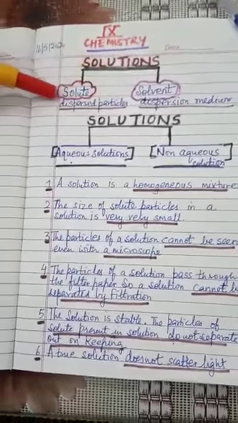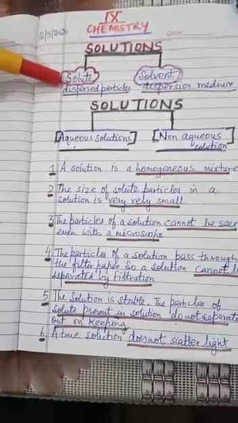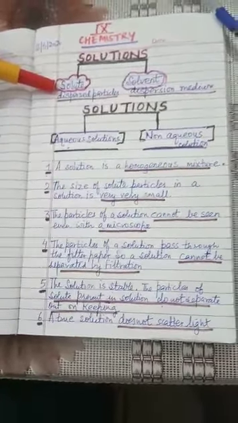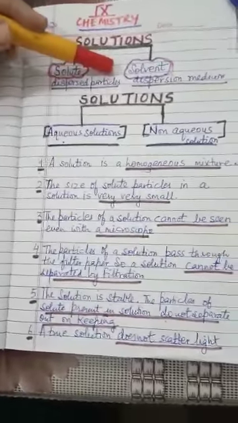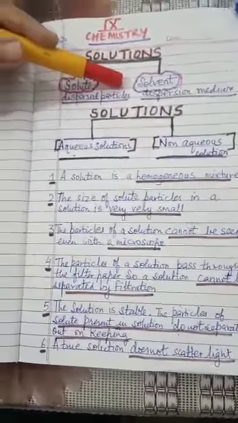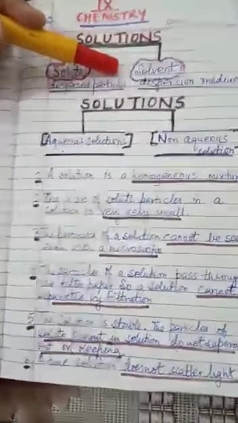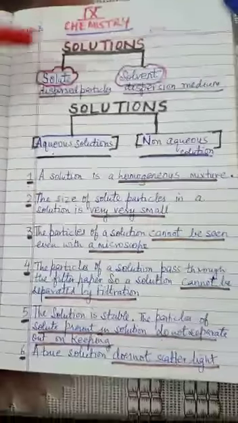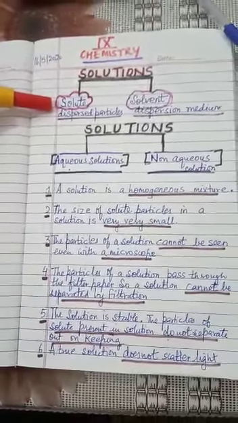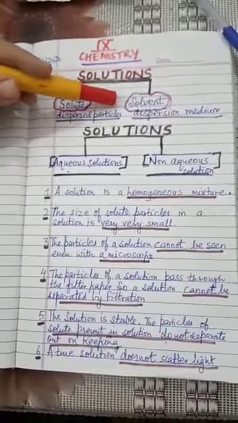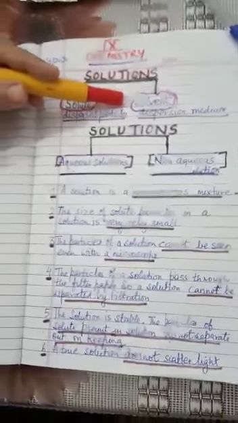Usually, the substance present in lesser amount in a solution is called solute, whereas the substance present in greater amount in a solution is called solvent. Please note, solute is called dispersed particle and solvents are called dispersion medium.